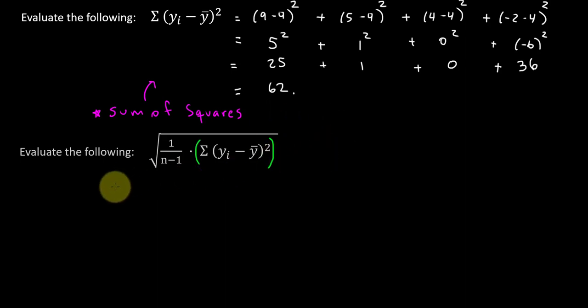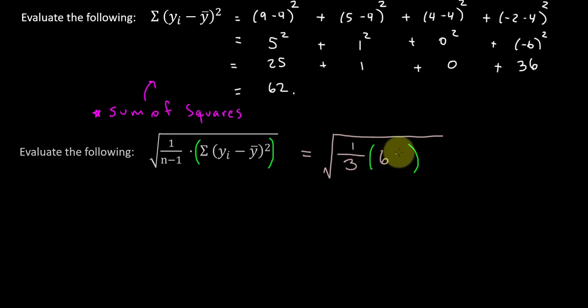This equals the square root of, our sample size was 4, so this would be 4 minus 1, which is a 3, and the value in the green parentheses there, that was 62. Not so bad. So we can divide 62 by 3 and then square root the result.